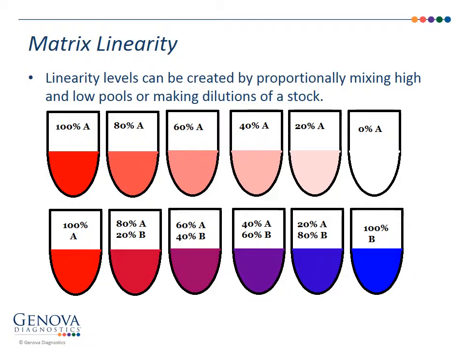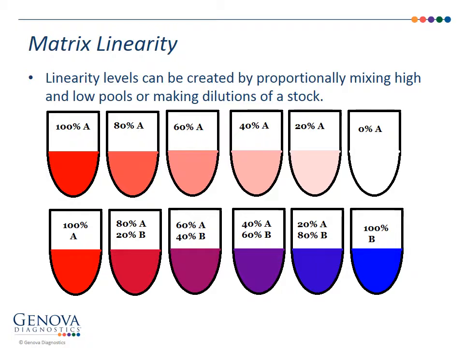So if there's any sort of masking or interference or anything like that, it's going to be consistent across the entire level. So, like I said when we were talking about matrix calibrators, there are pros and cons to being able to do this. I really like being able to mix the two patients together just so that I'm maintaining that same level of matrix. But it makes some assumptions.